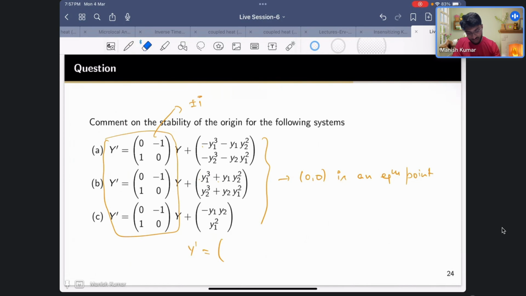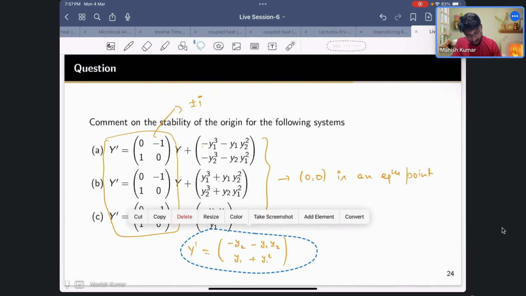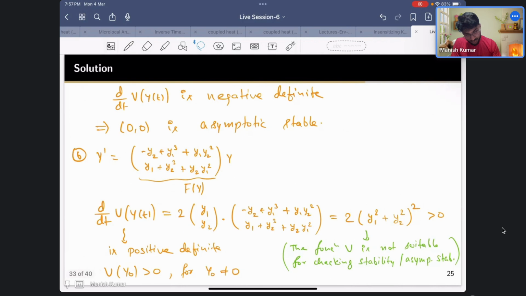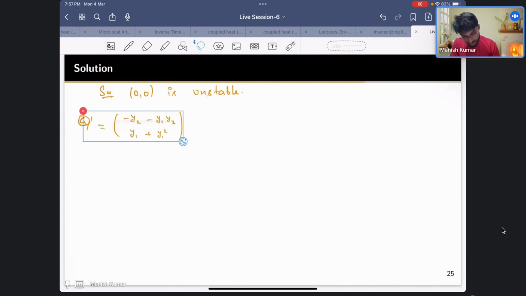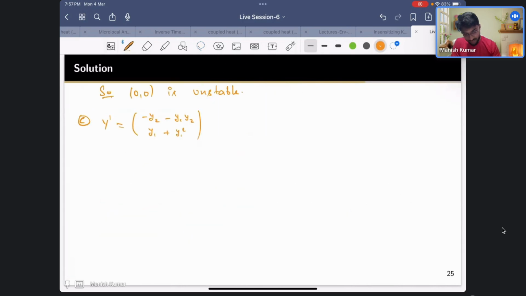Okay, so let us look at the third, the c part. So you have minus y2 minus y1 y2, and here you have y1 plus y1 square. So this is the system that we have.